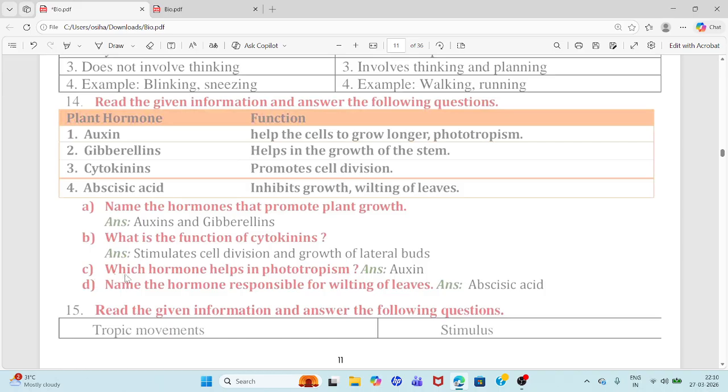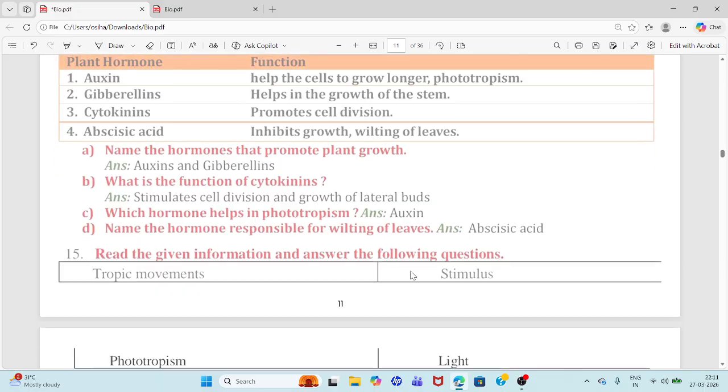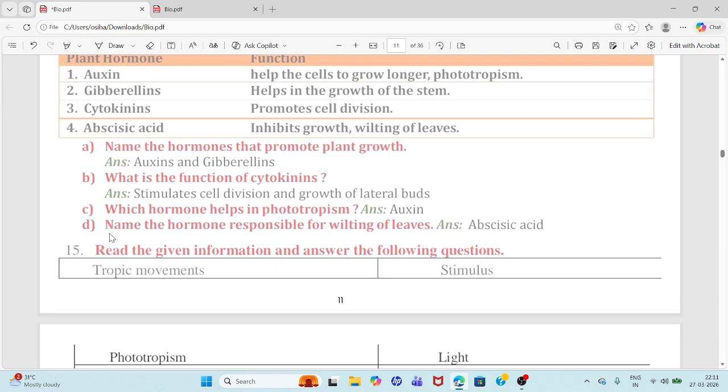C. Which hormone helps in phototropism? Answer is auxin. D. Name the hormone responsible for wilting of leaves. It is abscisic acid.